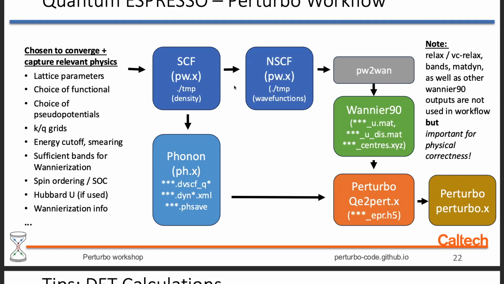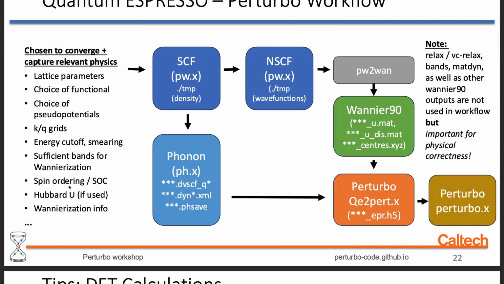And so to do that, you use this set of tools within Quantum ESPRESSO. And I'll say that in order to get the right physics and have everything be converged, it's important to do the relevant studies of the lattice parameters, the functional, pseudopotentials, what grids you need to converge things, how many bands and what projections you need to Wannierize if you're using spin orbit coupling or Hubbard U, right?